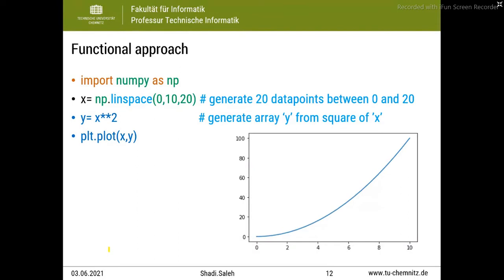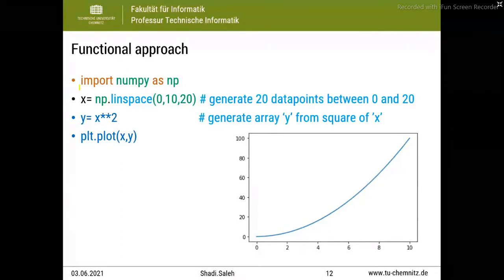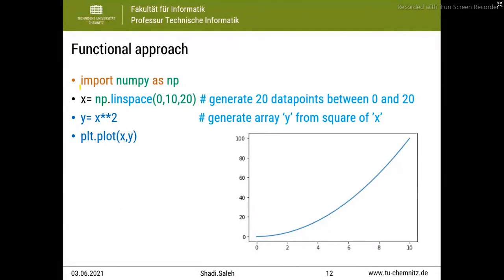So one more thing here, you can use a functional approach as well, like you do in mathematics. And for that, there is a catch: you have imported NumPy for that, because you're now dealing with science.